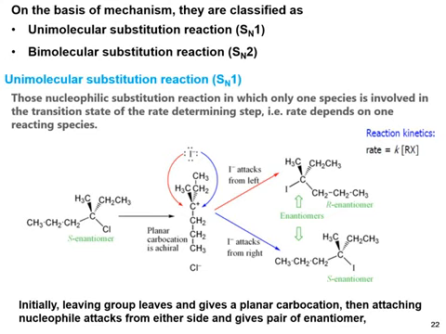When attacked from the left side, it gives one enantiomer. When attacked on the right side, it gives the second enantiomer. Overall, two enantiomer products will be obtained.